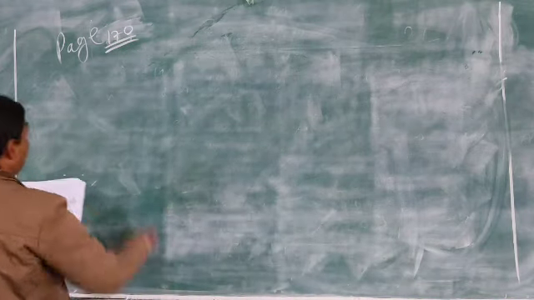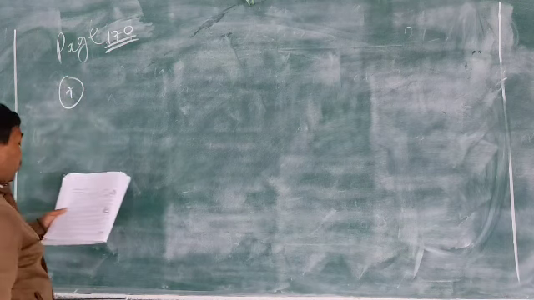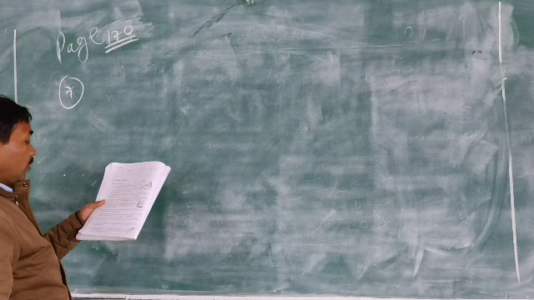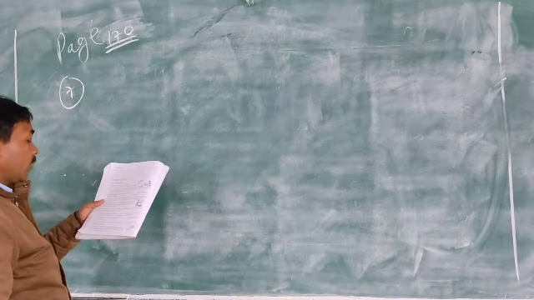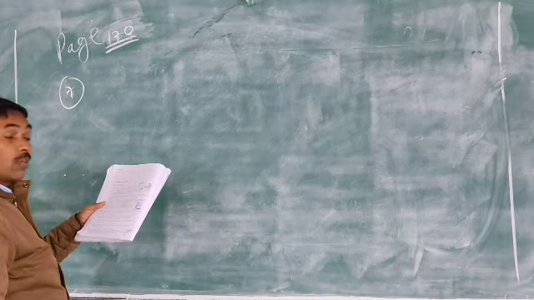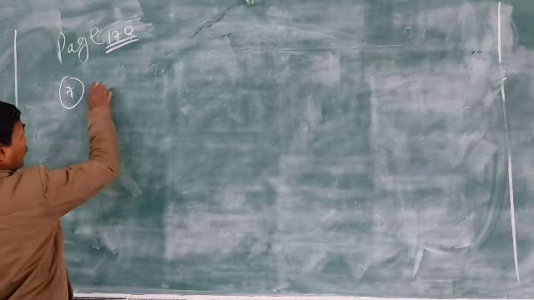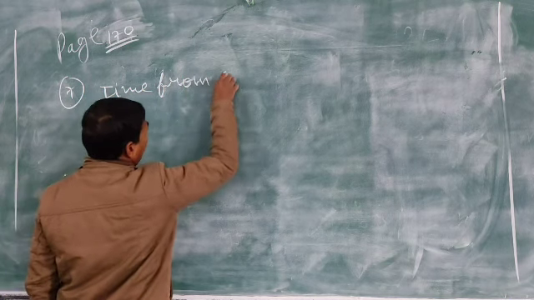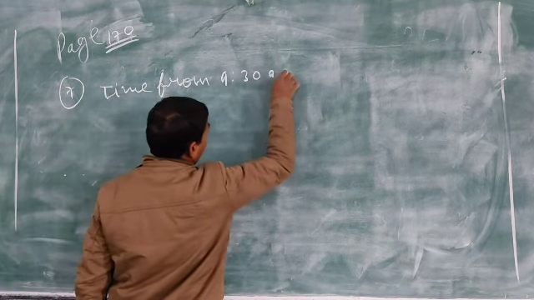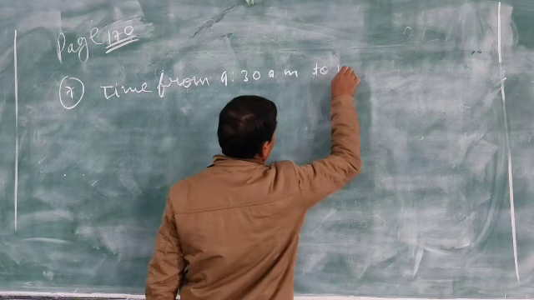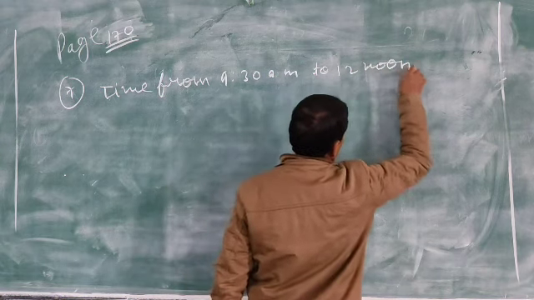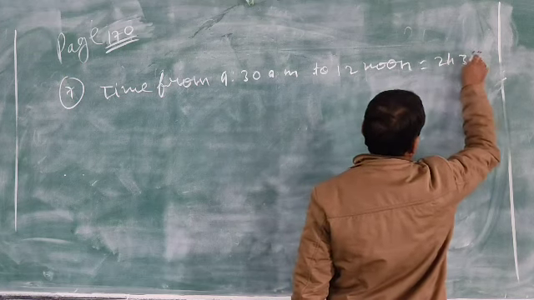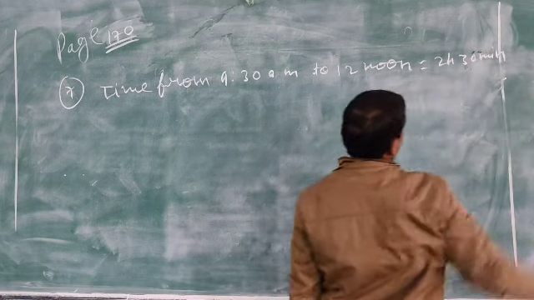So I am writing here the second method. We will find the time from 9:30 a.m. to 12 noon. This will be very simple: 2 hours and 30 minutes.